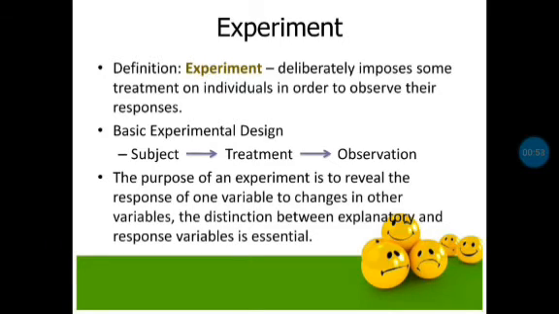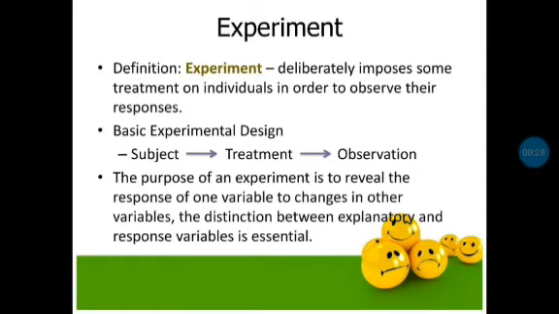So, what is an experiment? An experiment is a deliberately imposed treatment on individuals in order to observe their responses, or it is simply a controlled test on some subject.